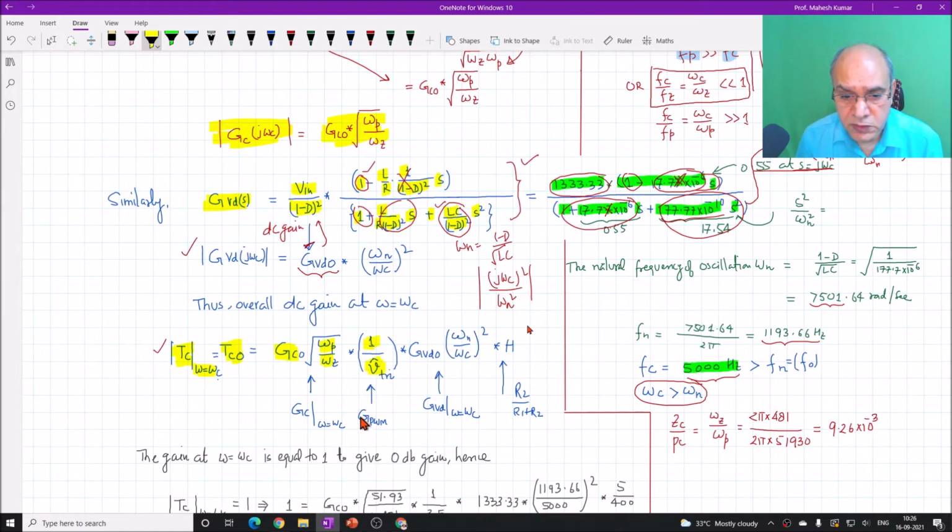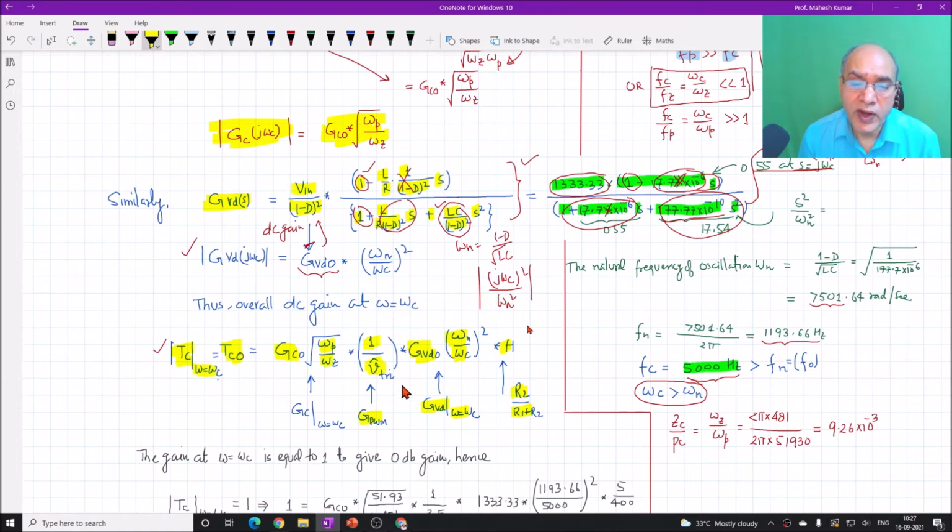What is this? GPWM, forward loop, into GBD0 into omega n by omega c squared. What is this? This is GBD at omega equal to omega c, into h, which is R2 by R1 plus R2.